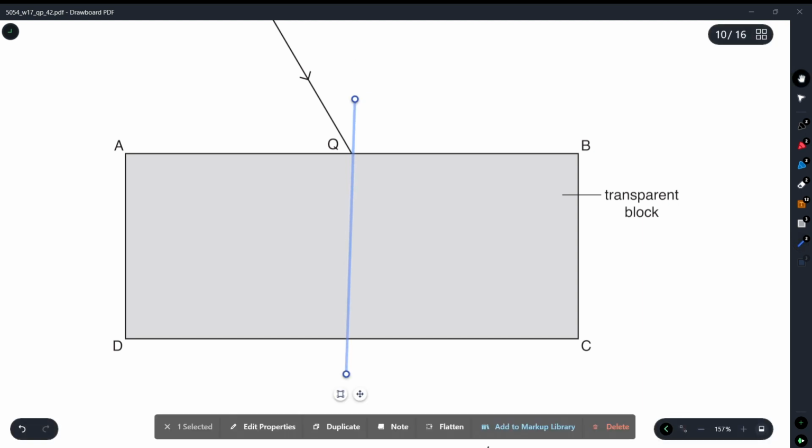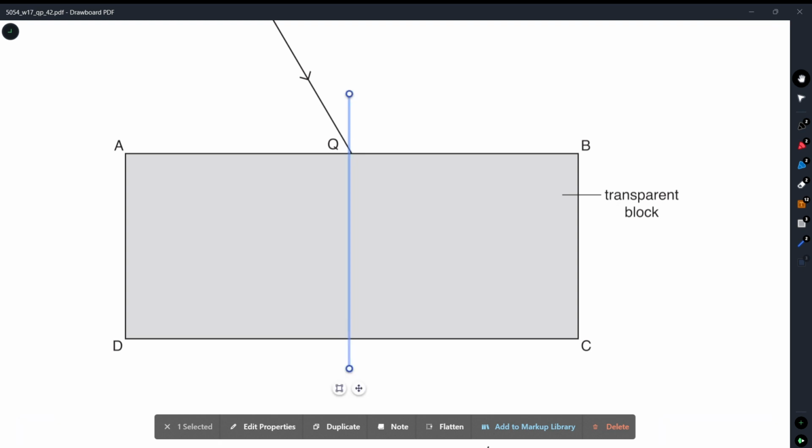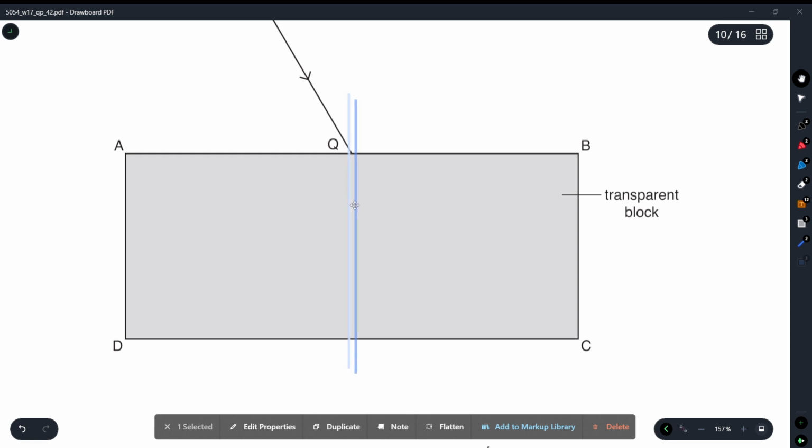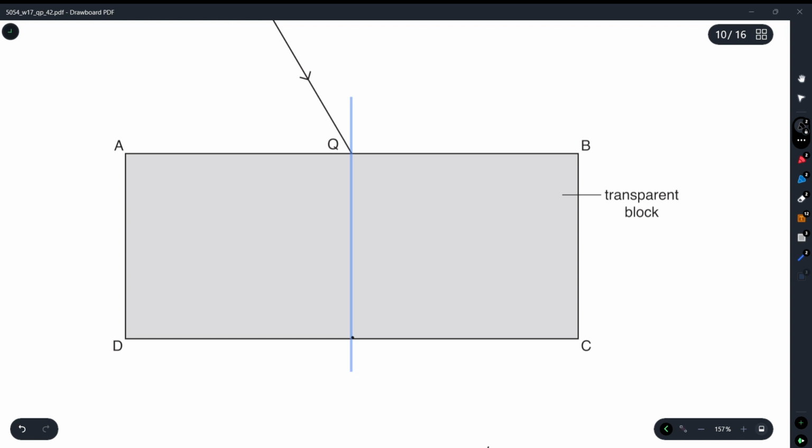I'm not exactly sure if it's 90 degrees. Doesn't look like 90 degrees. Okay. So this gives me 90 degrees itself. So it's given me 90 degrees. All right, and we need to label this point where it passes CD. We need to label this point R.